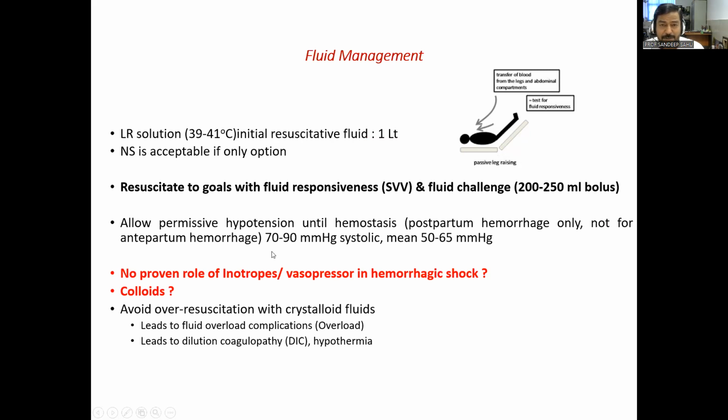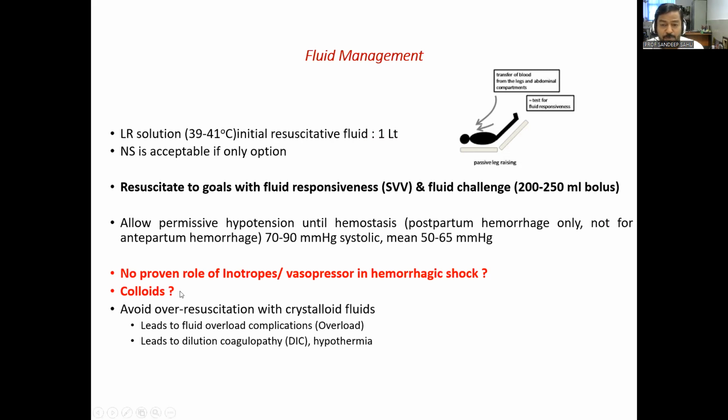The aim is to achieve a systolic blood pressure of 70 to 90, not above 90, below 90. That is called permissive hypotension, and the mean is not 65 but 50 to 65. Recent studies have shown that in this range, 70 to 90 systolic or 50 to 65 mean, all organs can be perfused well. If you suddenly increase the BP above this, the clot will dislodge and the bleeding will increase.